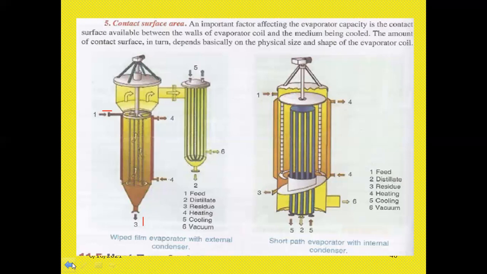Now see the various parts of the evaporator in different modules. The first one is the feed, where you are dumping the material.